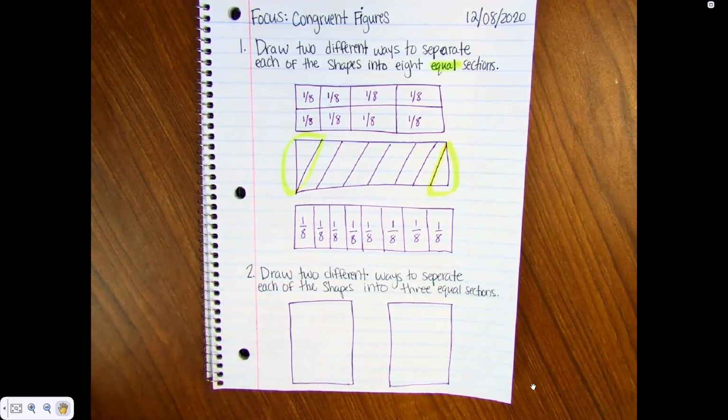All right. So who can raise their hand and tell me what is one way I could divide these rectangles up? Miles, can you give me one way? You did such a good job. Can you tell me how I can divide these up?